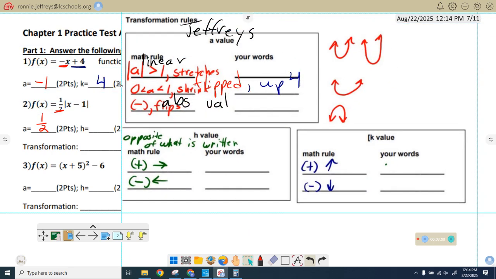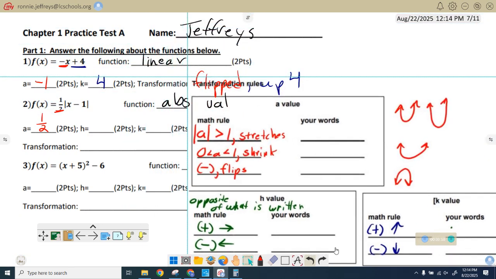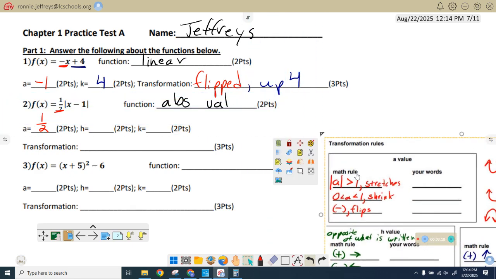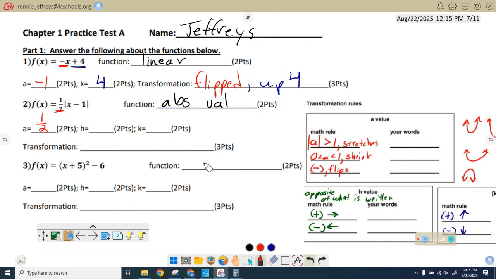Well, we hadn't had one of these in a while, or ever yet, but when A is between 0 and 1, like a fraction or a decimal, it is shrunk. So we would actually say shrink 1/2. Now, just because it's on this doesn't mean I'll necessarily put it on the test.